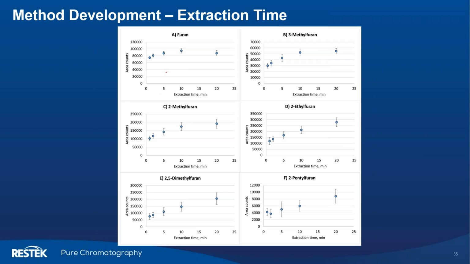And you can see that for furan, we reach a saturation point very quickly, whereas for 3-methylfuran, it takes us a little bit longer to reach that full saturation or full extraction for this compound, right? So this is really, as I mentioned, a game of balance in developing these methods.